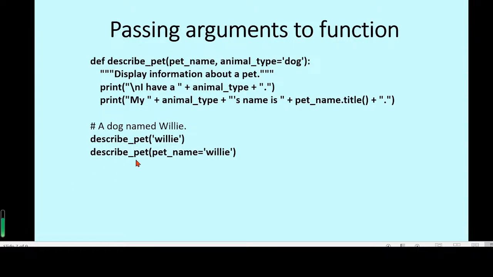So when we call this function, we can also write pet name Willy. In both calls without animal type in the input, the function will assume that animal type is dog.